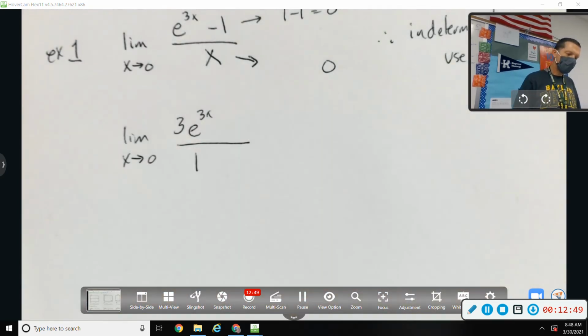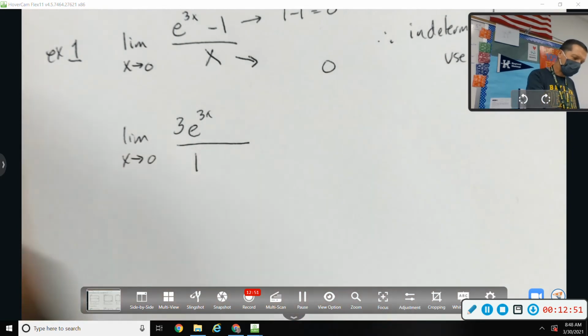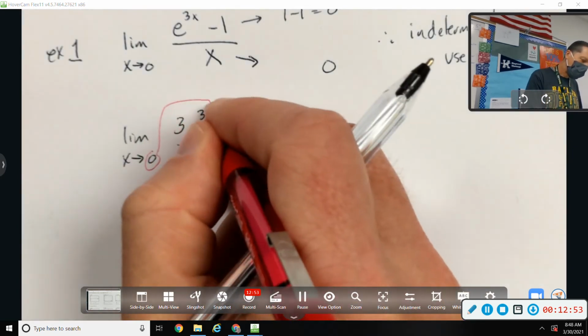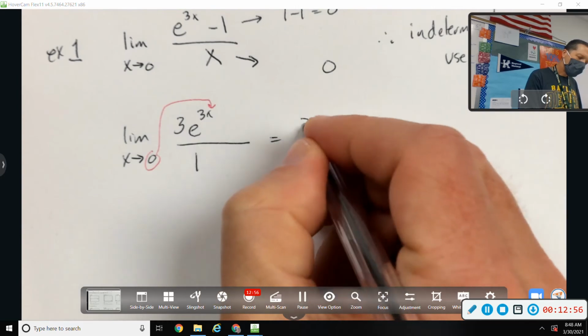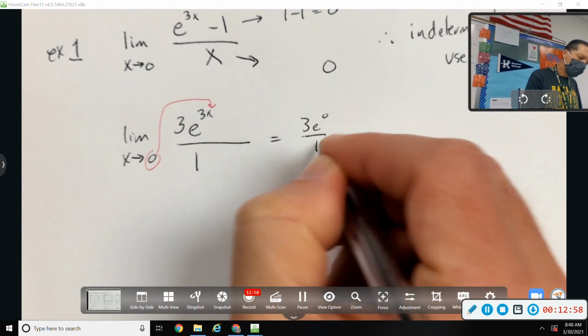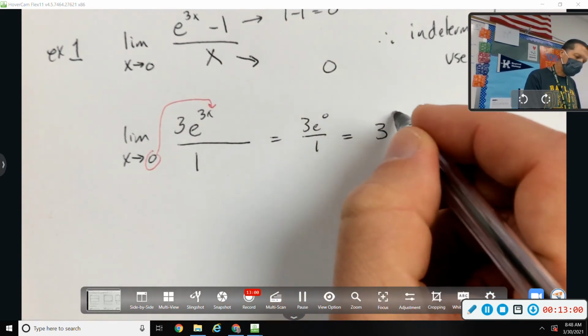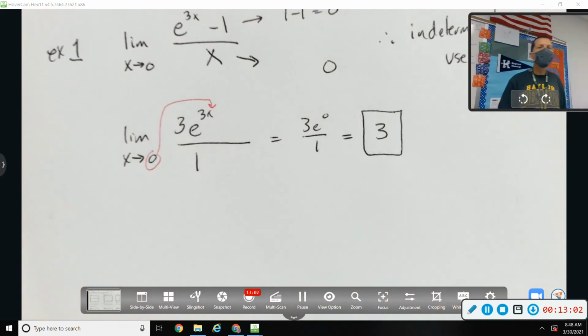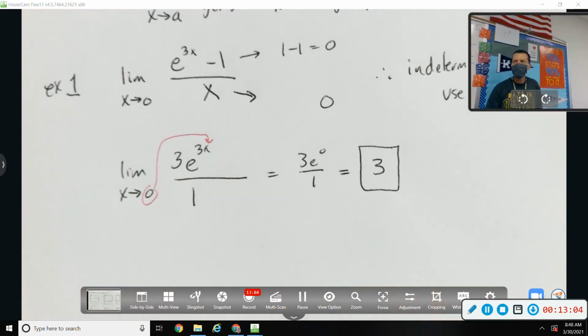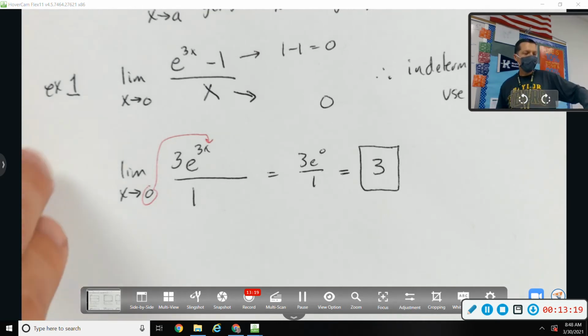All right, so let's try again, plugging in 0. 3 e to the 0 over 1 would just be 3. So as long as the derivatives themselves aren't really difficult, this is a pretty easy method for evaluating limits. Take the derivative of the top, derivative of the bottom separately, not quotient rule, and then try again.